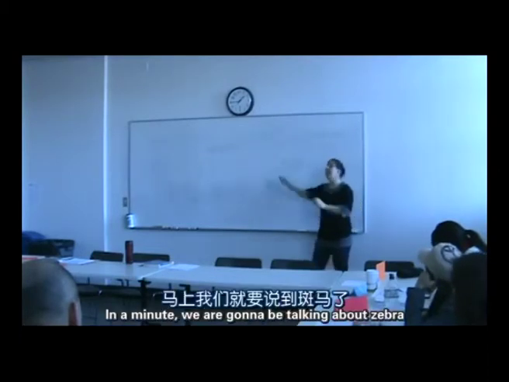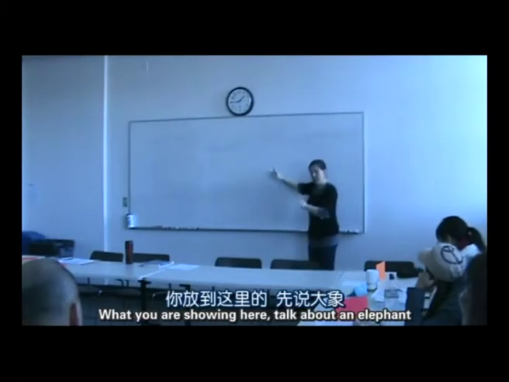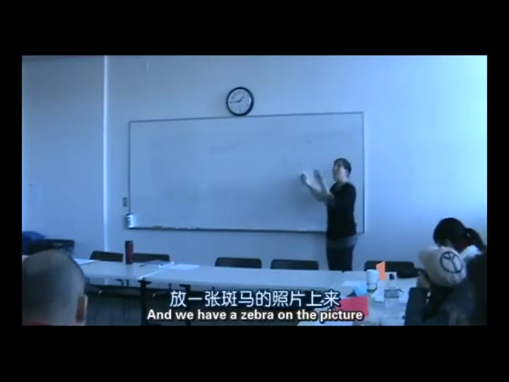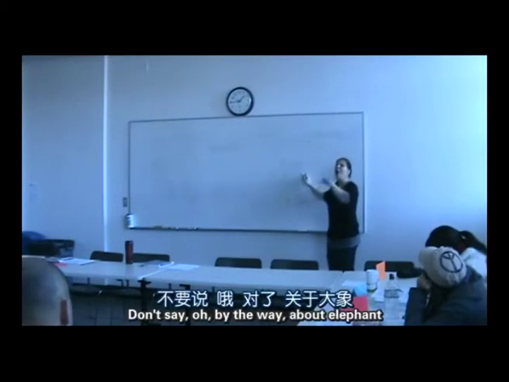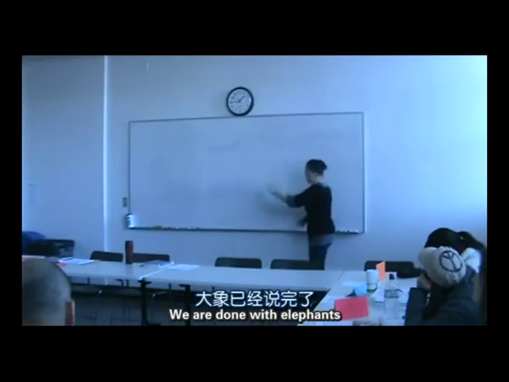And don't say, in a minute we're going to be talking about zebra. So zebra, no. What are you showing, an elephant? Talk about the elephant. Done talking about the elephant, we're switching to a zebra, and we have a zebra in the picture. Once you have a zebra in the picture, don't say, oh, by the way, about elephants. No. We're done with elephants. We're on zebras right now.